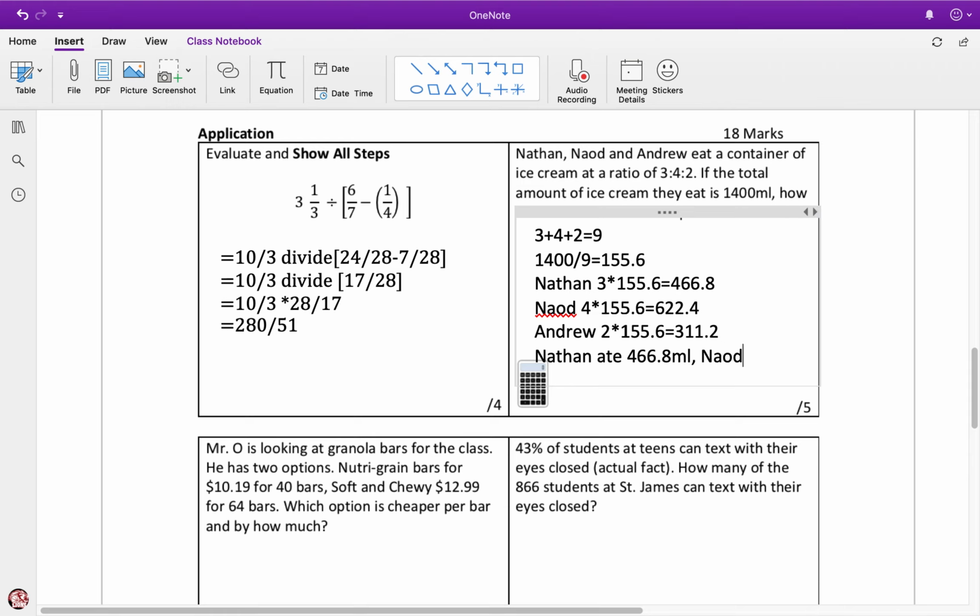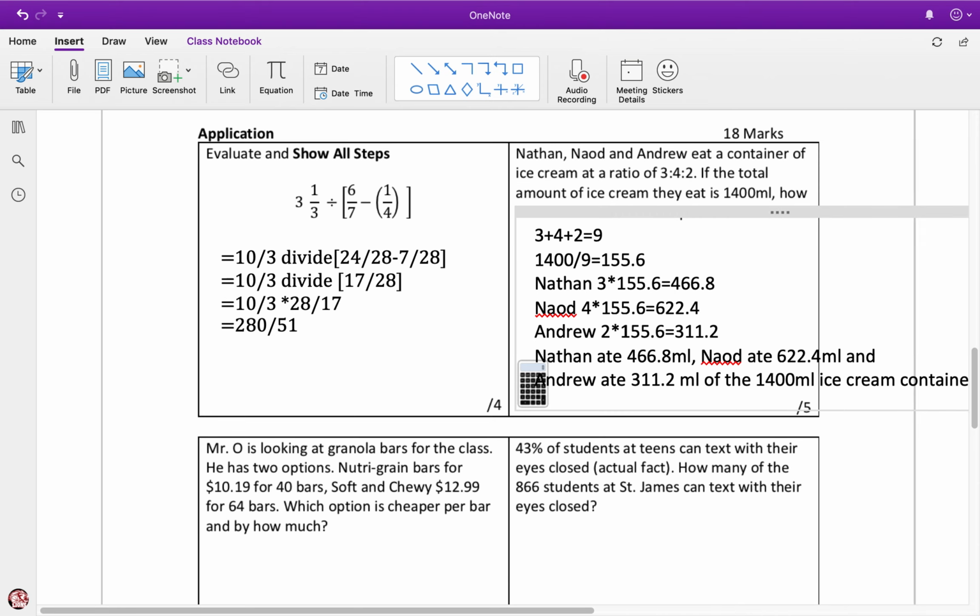Nawid ate 622.4 milliliters, and Andrew ate 311.2 milliliters of the 1,400 milliliter ice cream container. There we go.